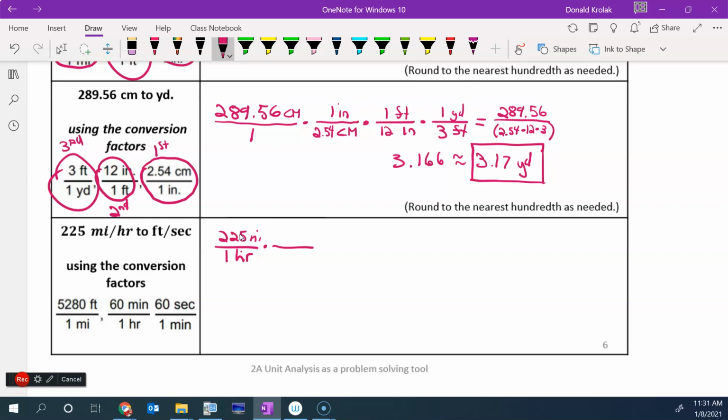So if I'm looking at these, see, I could use my hour, my mile, get rid of one of these at a time. So I'm going to do the mile first. It wouldn't matter. You could do the hour first. So I could use this one first. Or I could have used this one first and then flipped it.